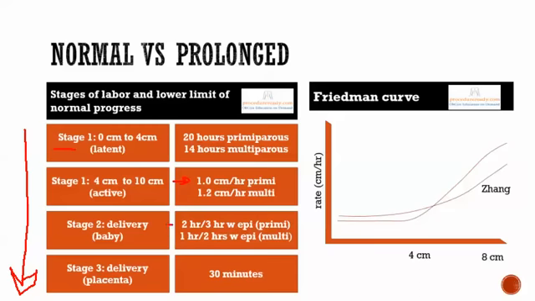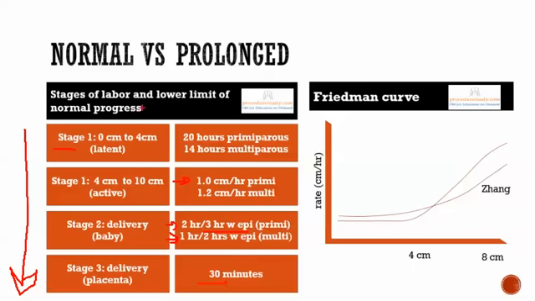That can take up to 2 hours once fully dilated in primiparous, and you add an hour for epidural, or that's just a general term for regional anesthetics, analgesics. For stage 2 in a multiparous, 1 hour is without epidural, and 2 hours is with analgesia. Then stage 3, delivering the placenta, 30 minutes.